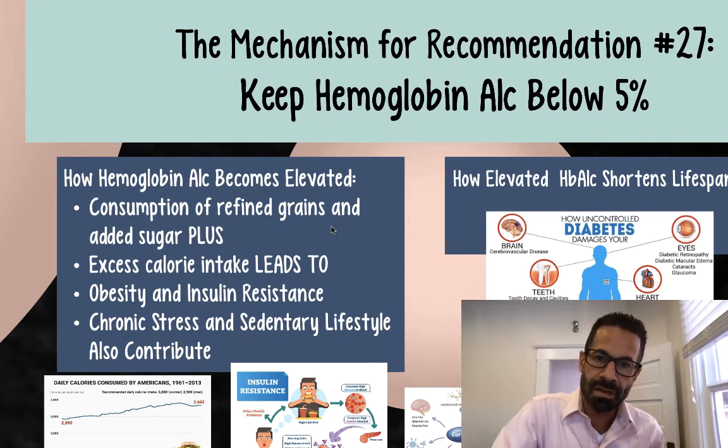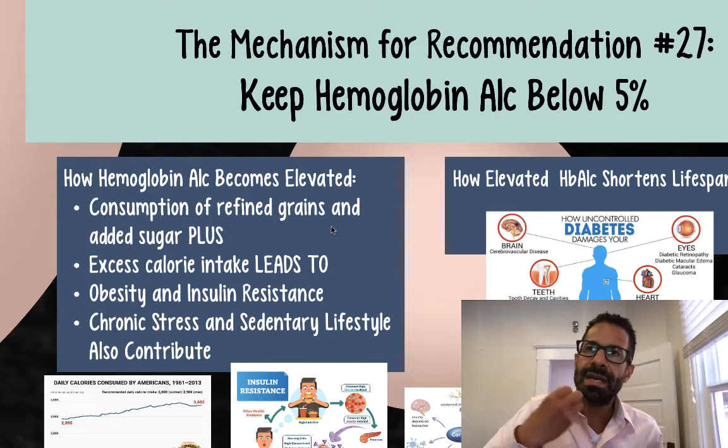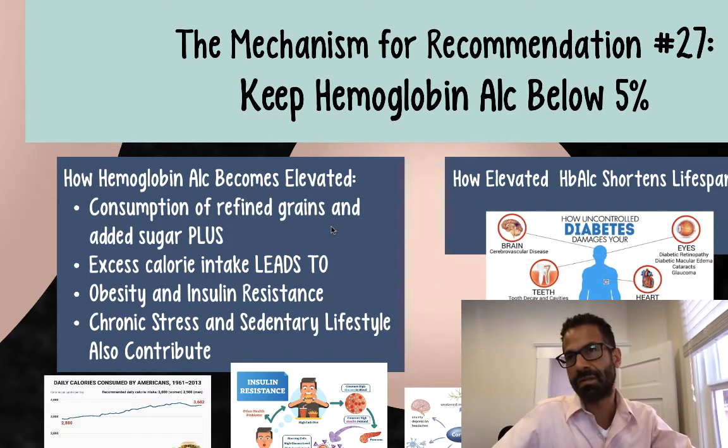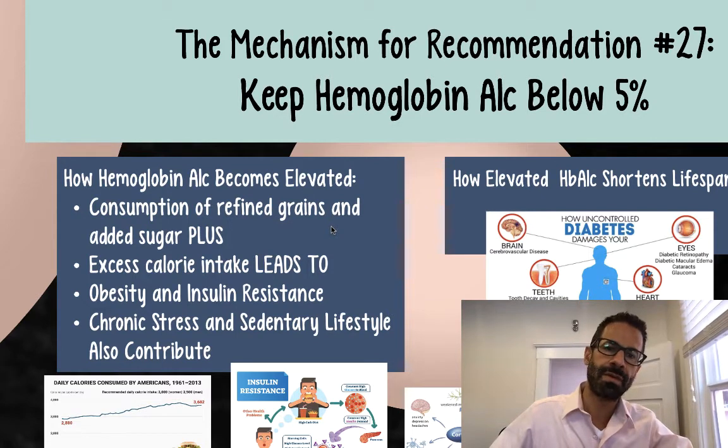High fructose corn syrup, for example, which was introduced in the early 1970s, is a very cheap, palatable added sugar that increased the amount of sugar in the American diet exponentially over the past 60 years. But it doesn't have to be high fructose corn syrup. It can be agave nectar. The point is that it's an added sugar to the foods we eat, and grains that are devoid of their fiber, which slow digestion and increase the rapidity of blood sugar spikes in our bloodstream.